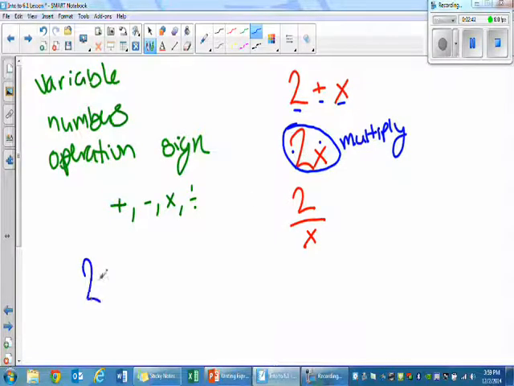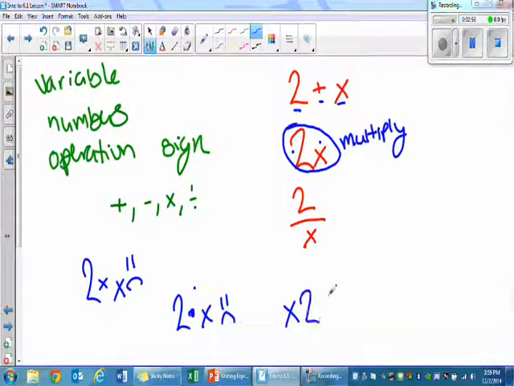Not this, 2 times x. Okay, not like this, 2 times x. Now this isn't necessarily wrong, but you don't see it like this. And not like this, x2. Okay, this looks too much like times 2. So I always want to see it with the number first, then the variable. Yay, that will make me happy.